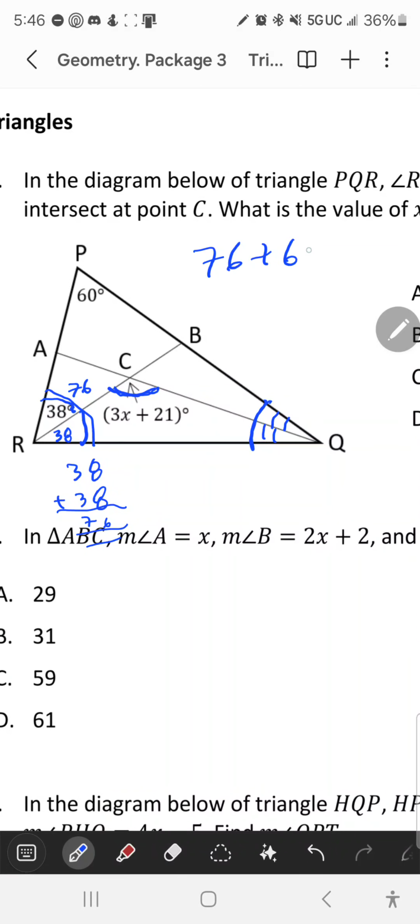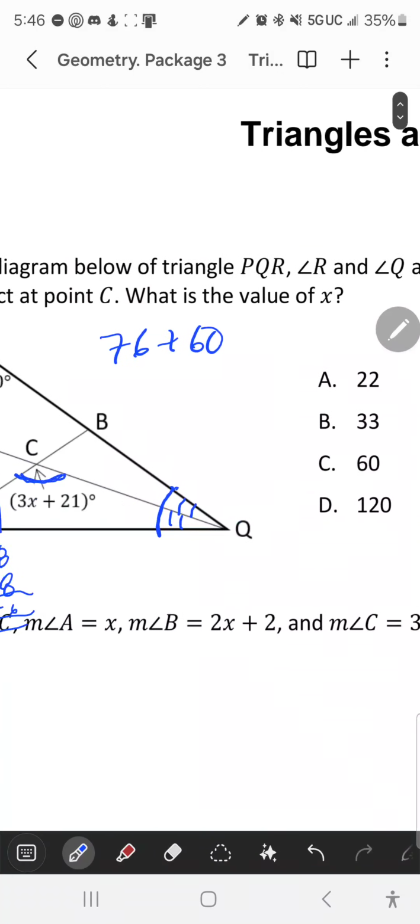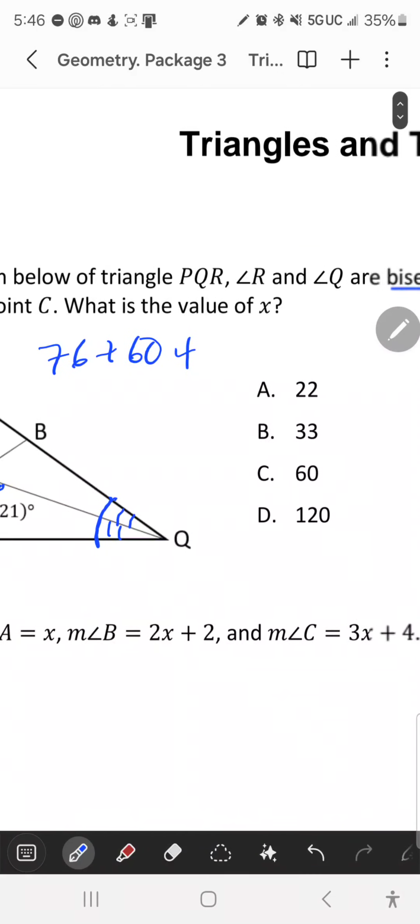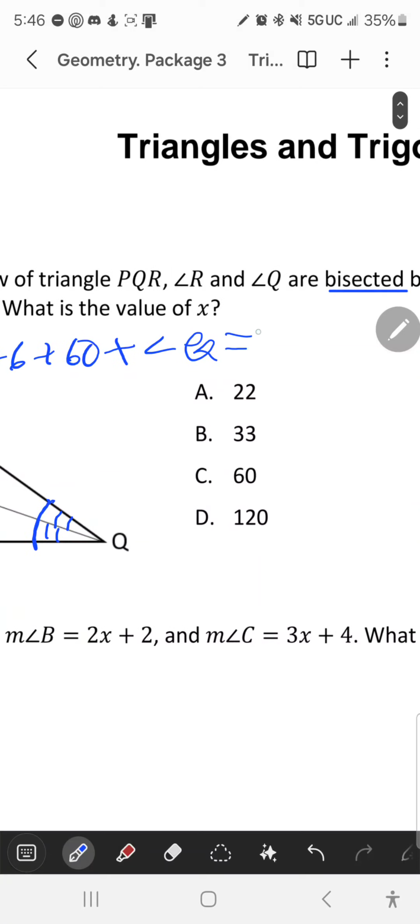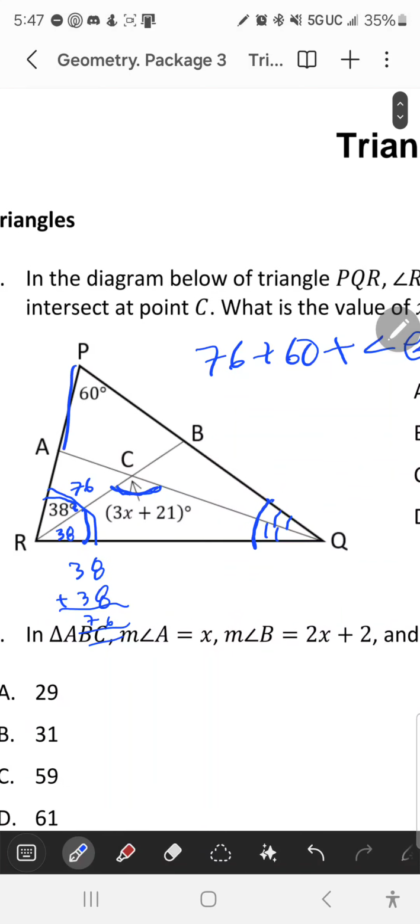So I will say that 76 plus 60 plus, let's say Q, angle Q, equals 180 degrees. Why? Because I'm looking at the big triangle. So this angle right here, plus this angle right here, plus this angle right here, will be equal to 180.